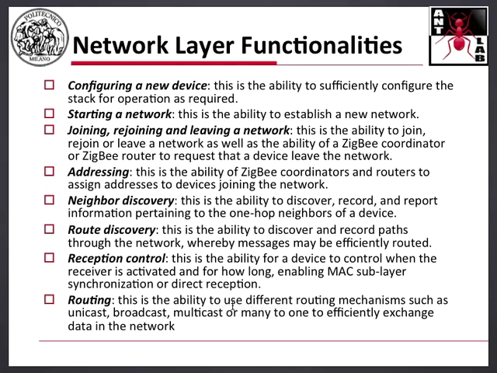Besides these two main functionalities, the ZigBee network layer also provides some additional services and functionalities, which are listed in this slide. For example, routing and route discovery and also neighbor discovery are all functionalities which are relative to routing problems.